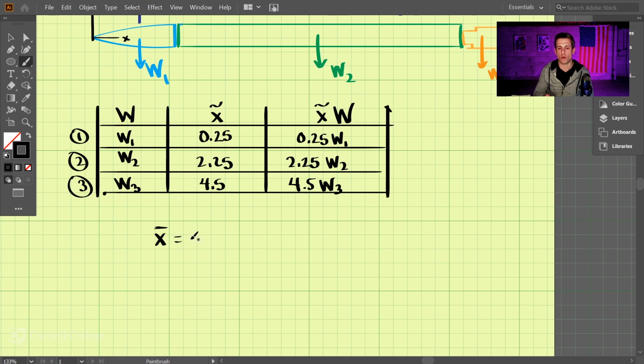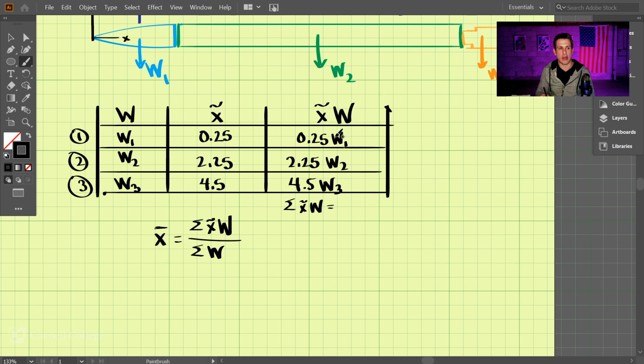And this is equal to the sum of all the components, X tilde times W, divided by the total sum of the weight. Okay, so don't let these symbols confuse you here. It just means add everything together. So we take the sum of all X tilde times W here.